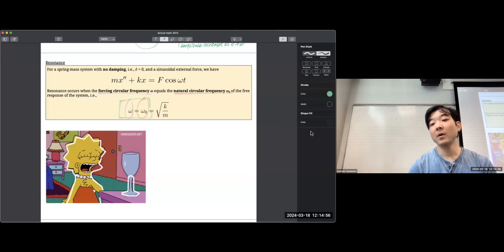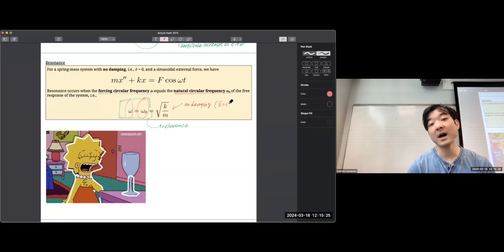And we also know that omega naught in the case where you have no damping, we did this in the past, would be the square root of k over m. You can confirm that just by solving the characteristic equation for general m and k when there is no damping.